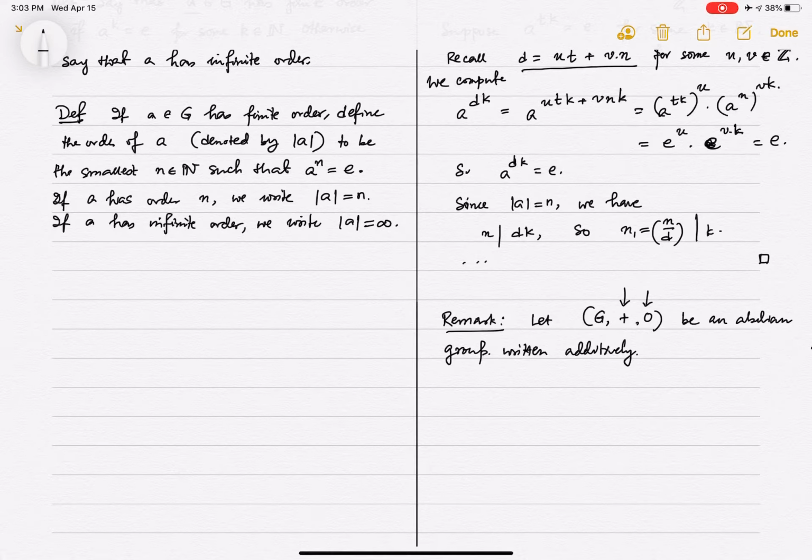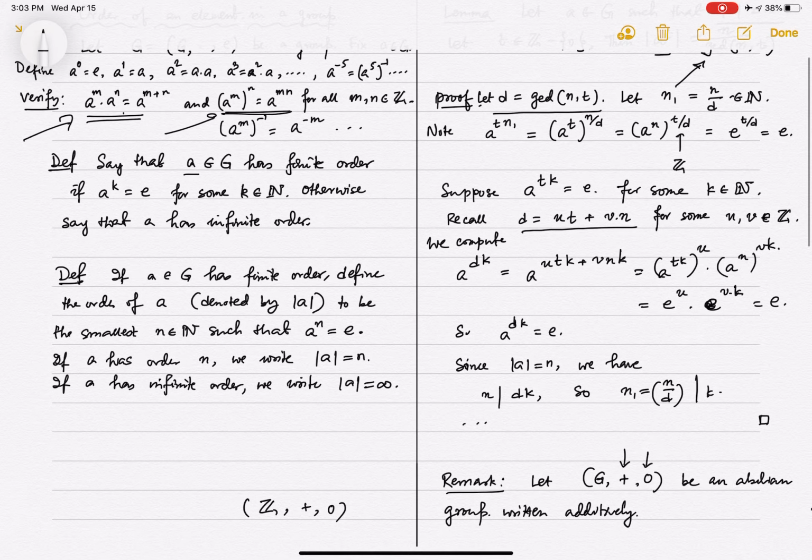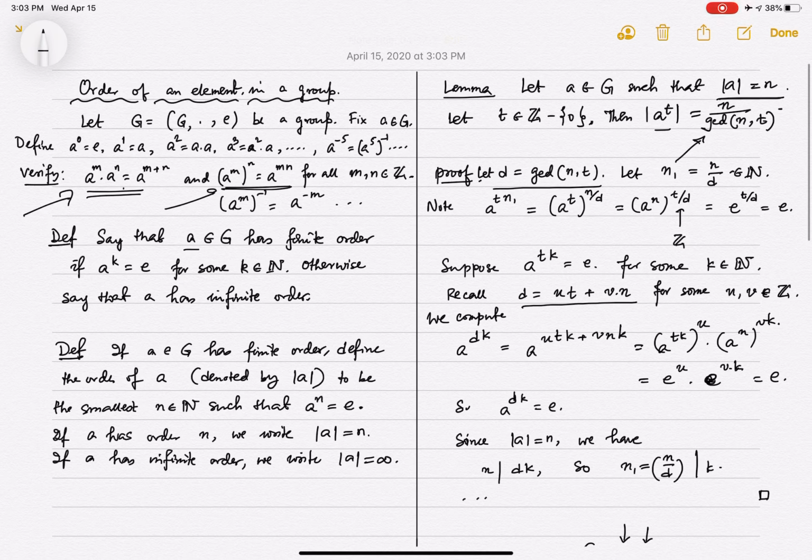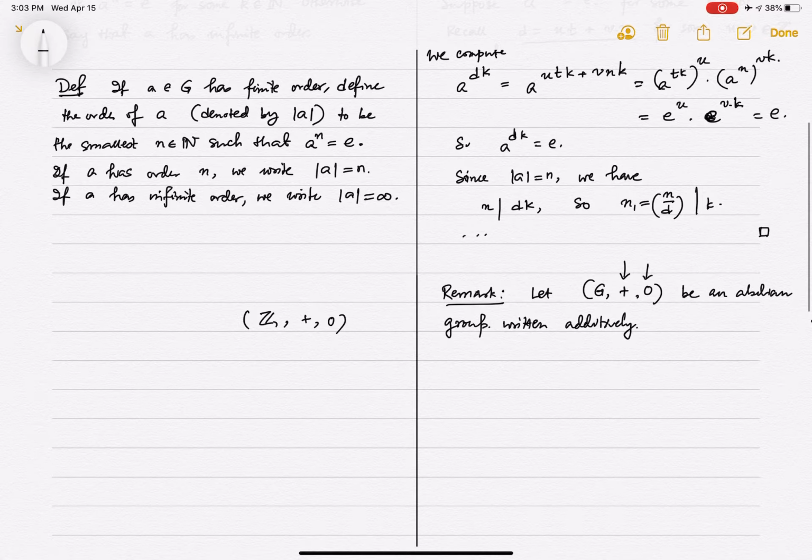So for example, an example of that would be Z, where the group operation is plus and the identity is 0. So in there, what are these exponents? You're taking a group element, like 3, and applying the group operation to itself. The operation is called plus. So when you apply the group operation to itself, you don't get 3 squared.